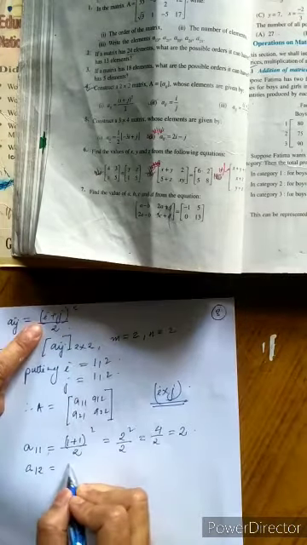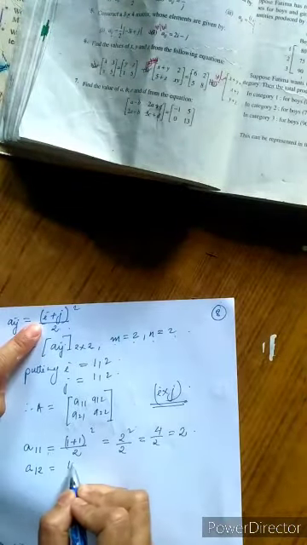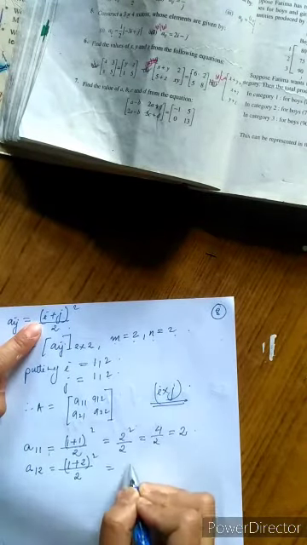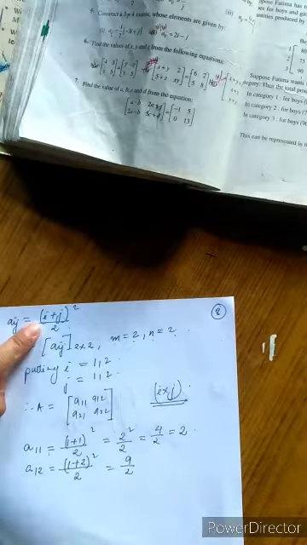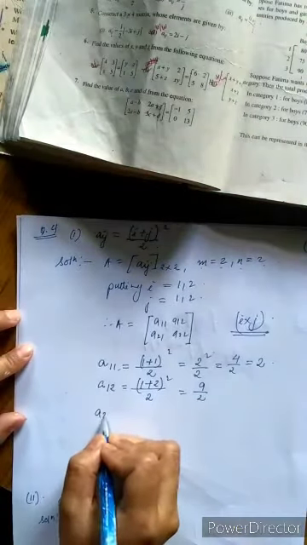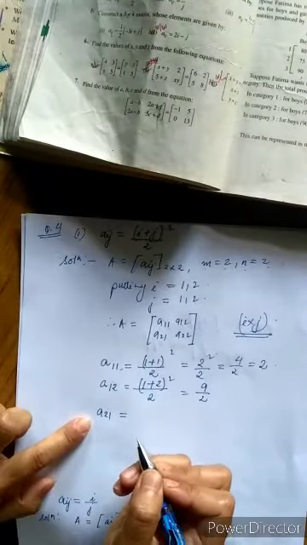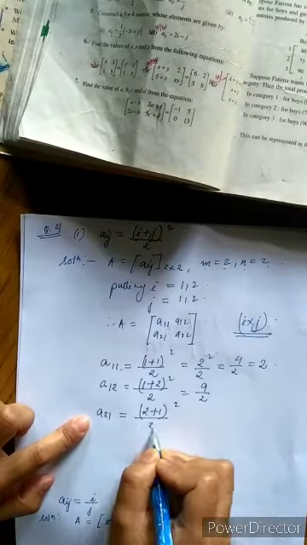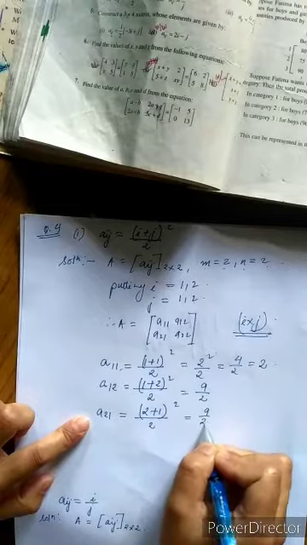Then find a12: i is equal to 1 and j is equal to 2, so (1 plus 2) whole square divided by 2. 3 square is 9, so 9 by 2. Also find a21: i is equal to 2, j is equal to 1, (2 plus 1) whole square divided by 2, which is 9 by 2.